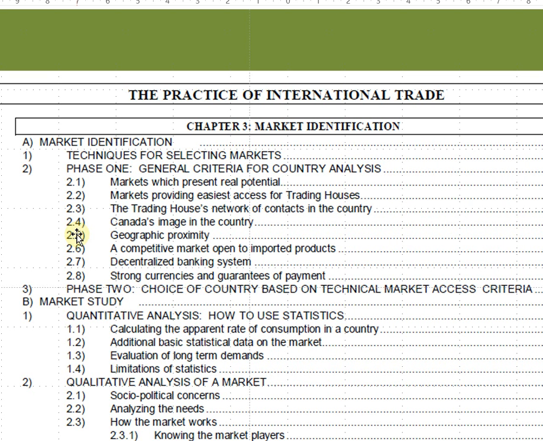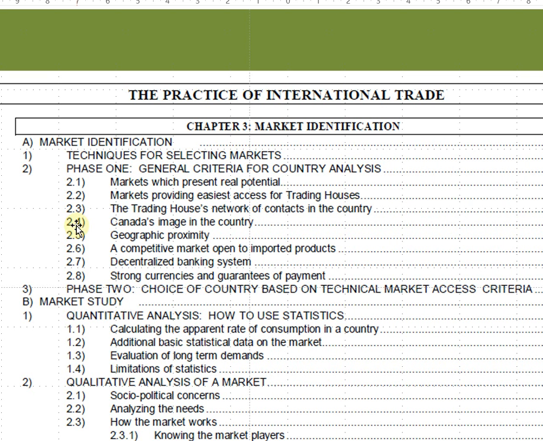Because the author of this book is Canadian, he focuses on the Canadian economy and Canadian trading, so Canada will be the focus of this text. Next is geographic proximity. Proximity has the meaning of geographical distance.